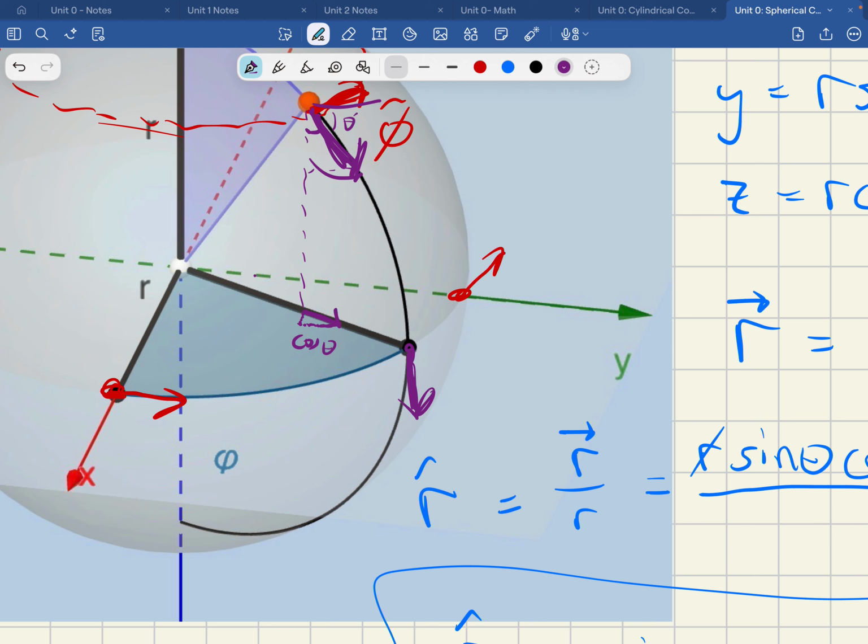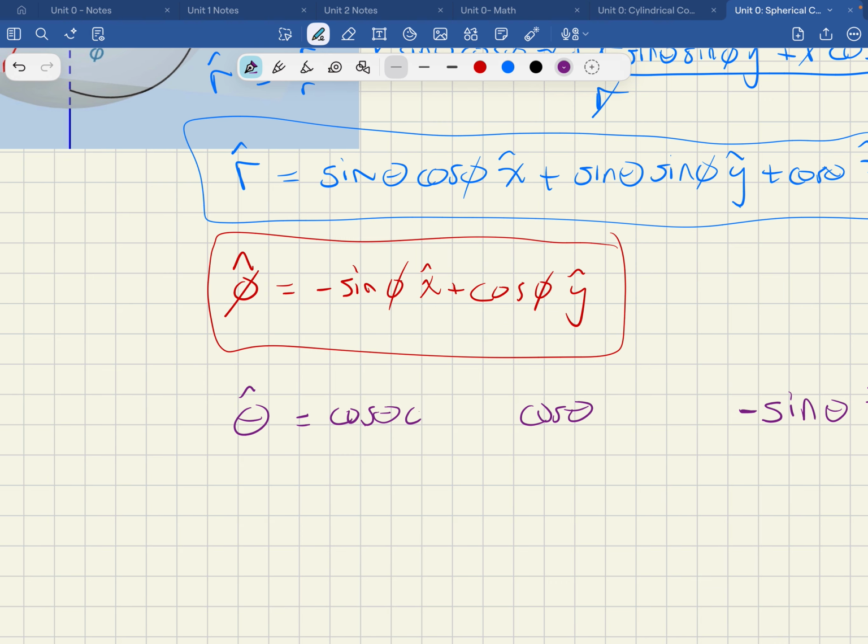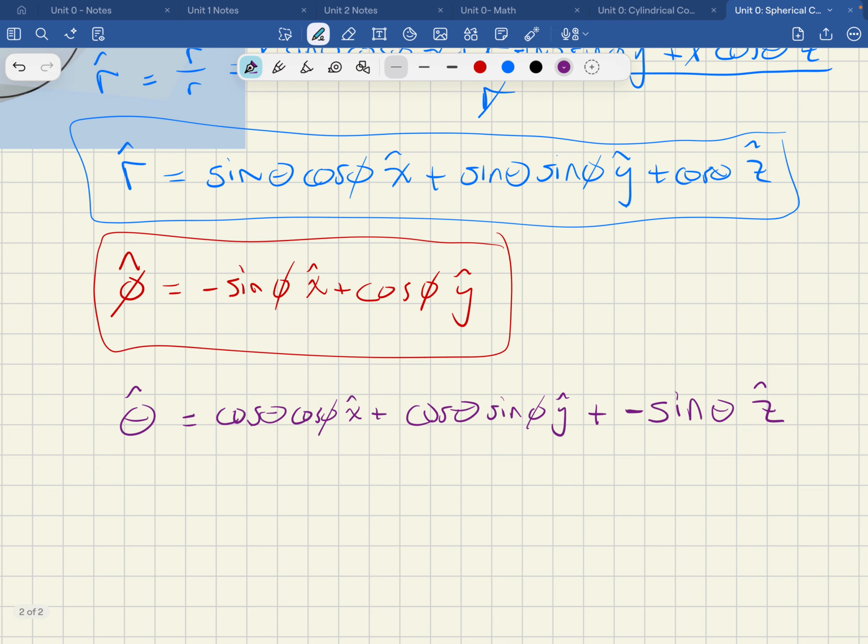Well, this one's 90 minus phi, which means the x component is the opposite of 90 minus phi, so the x component is going to be cosine phi. Okay, and I think those are our 3 unit vectors.